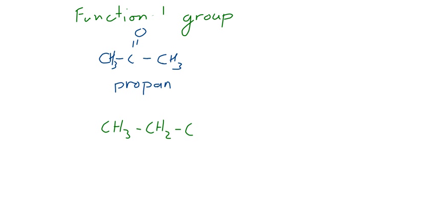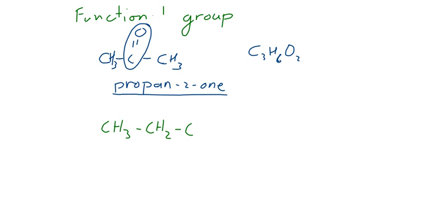But now I have this carbonyl group in there, and it is a ketone because it's connected to two other carbons. So ketone, and it's on carbon number 2, so propan-2-one. It's got the molecular formula of C3H6O2.